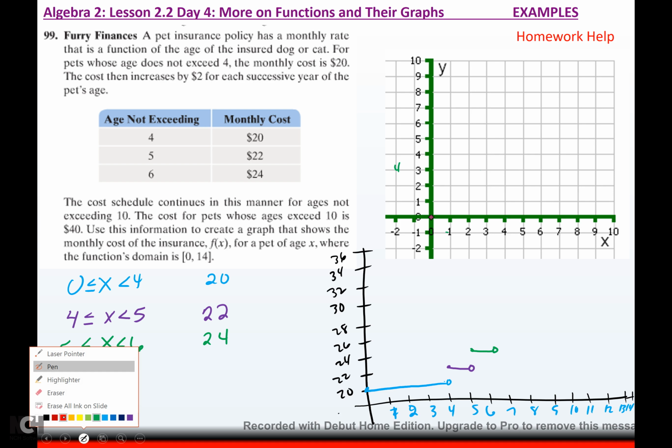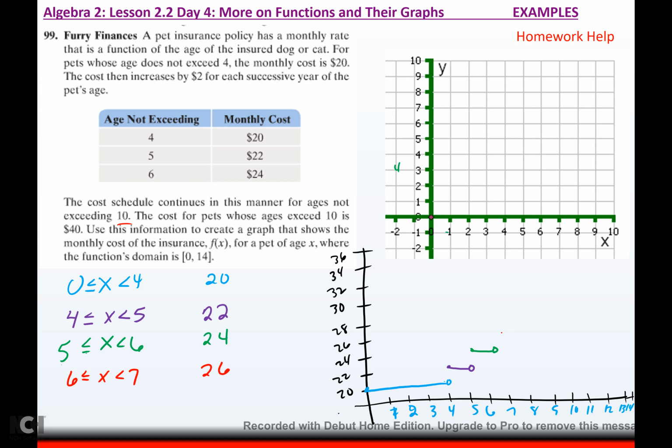We're just going to keep doing this over and over again. So the next jump would be, well, up until 10. Okay? So the next jump would be between 6 and 7, less than or equal to, less than, your price goes up to 26.